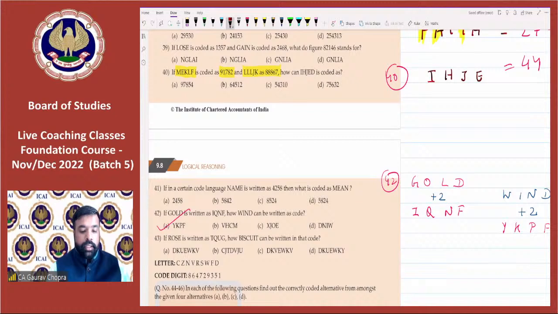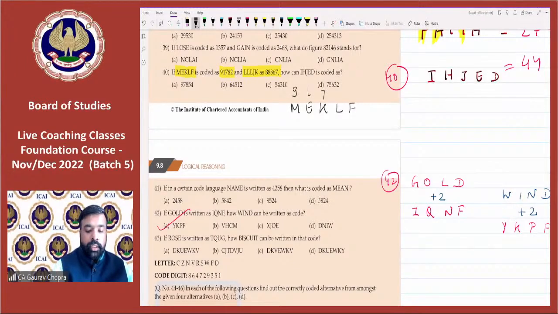IHJED. Now, what is the logic we have to find. So M, E, K, L, F. What are the numbers? Numbers are 9, 1, 7, 8, and then 2. Now, if we see I, H, J, E, D, all the alphabets are not available in the question.